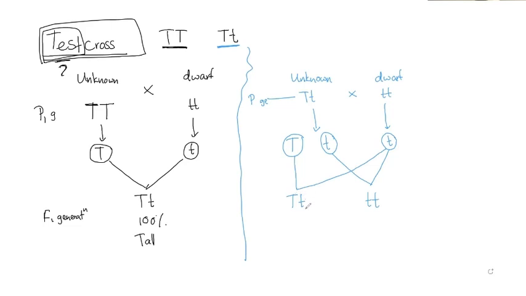Capital T small t should have the phenotype tall, and the other one, small t small t, should have the phenotype dwarf. So what has happened in this situation? We get a 1 to 1 ratio, or we can say 50% of the plants are tall and 50% of the plants are dwarf in the F1 generation, right?